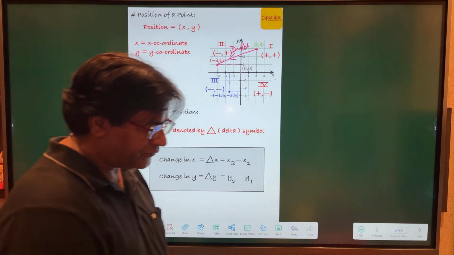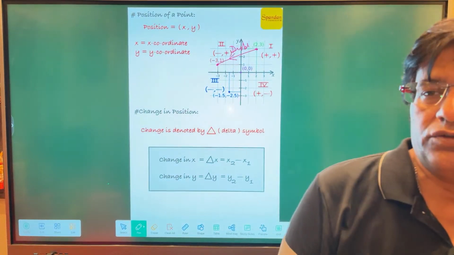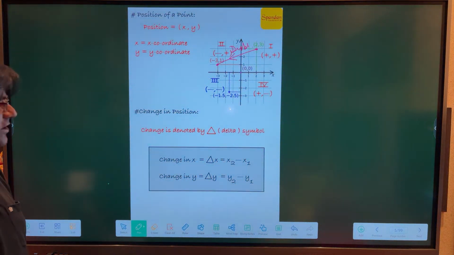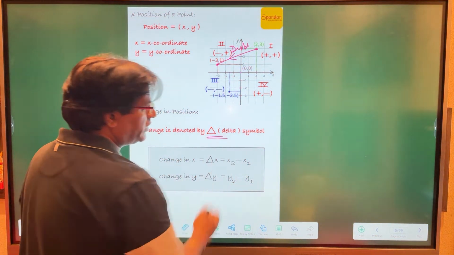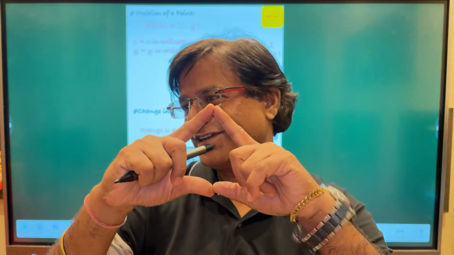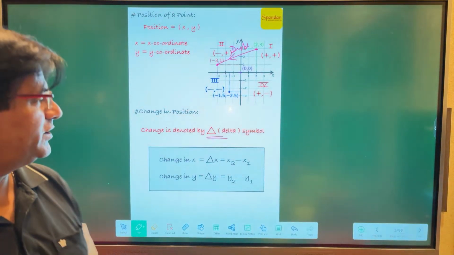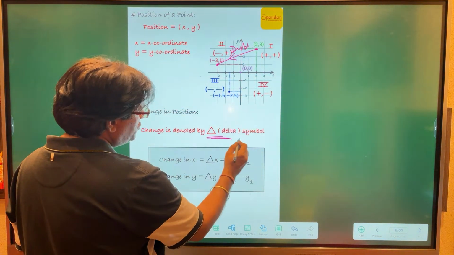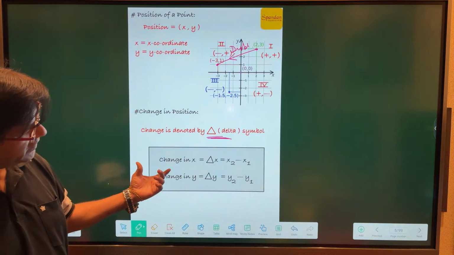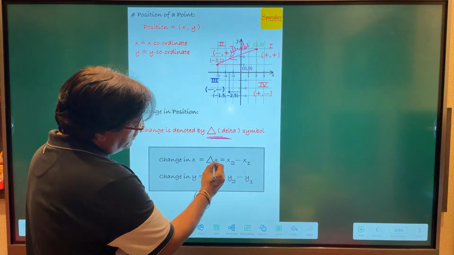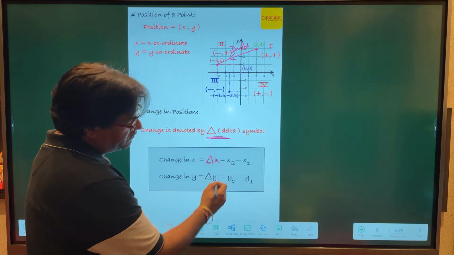So how is a change in position denoted? To represent change, we use a delta symbol, right? For example, if we write change in x, we put a delta symbol ahead of this x.